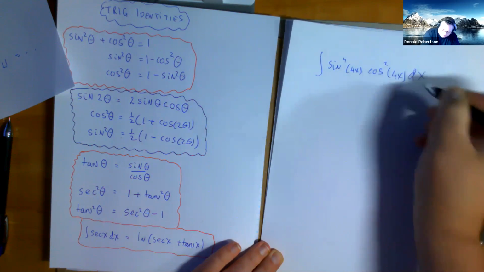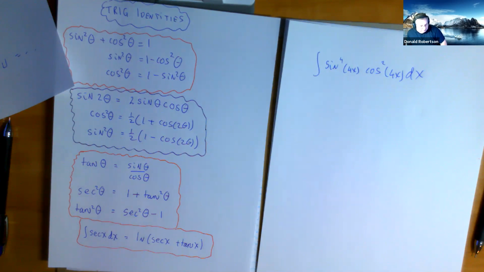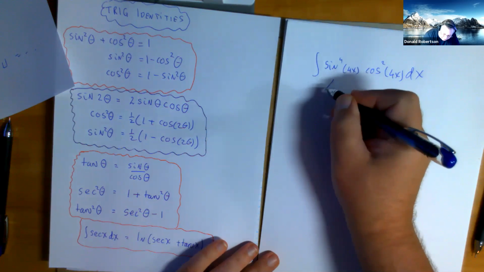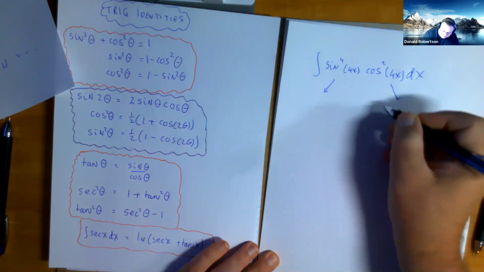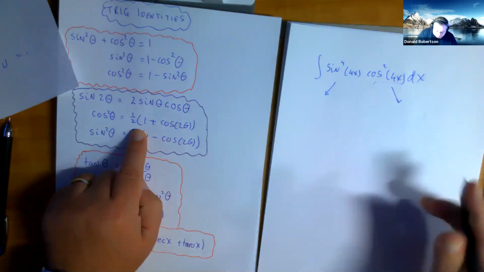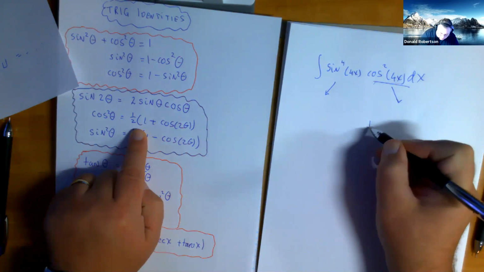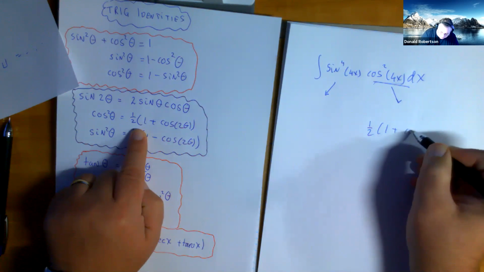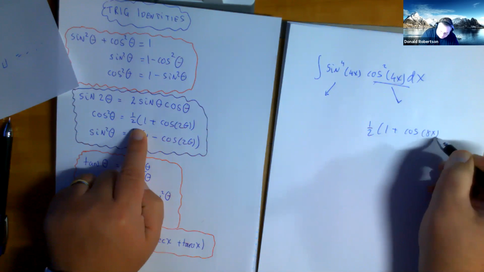Like that? Yeah. Well, firstly, you're not going to get that one, but if you did get that one, you would have to split these two guys up. And you'd have to use this version here. So this fella would become 1/2, 1 plus the cosine of 8x.